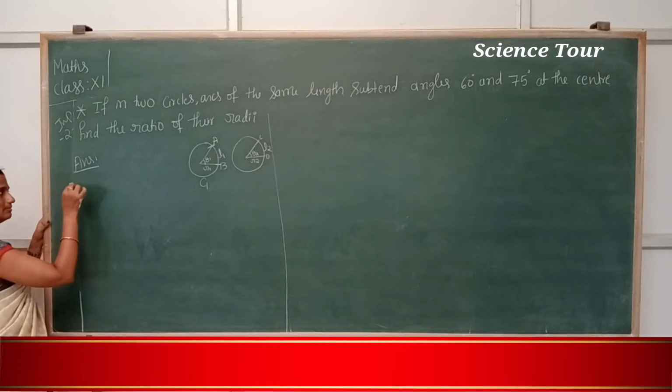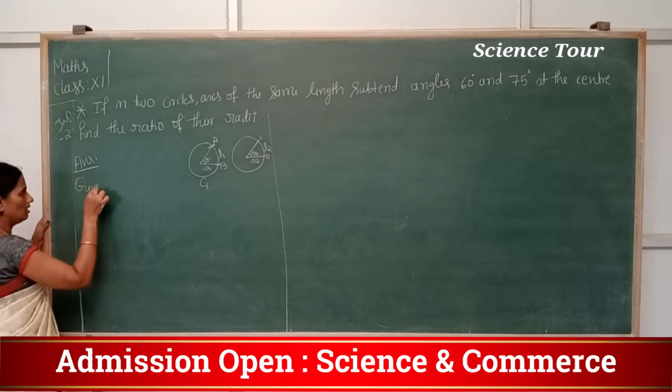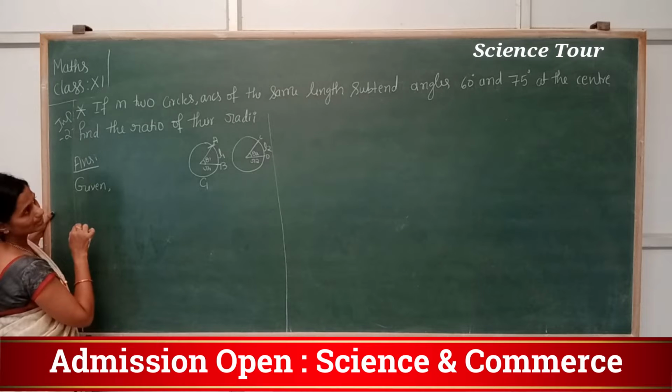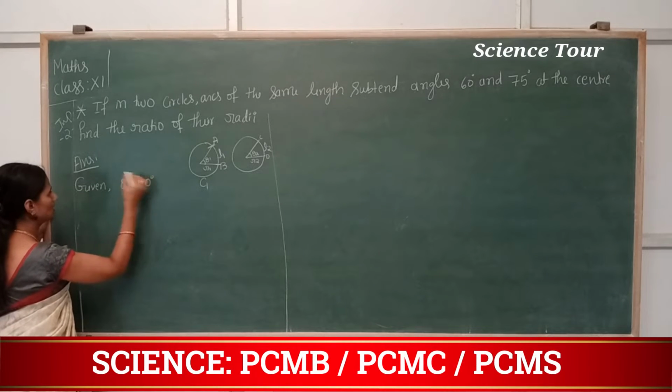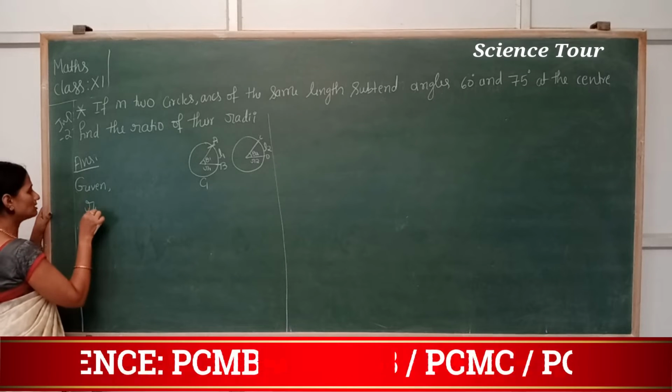So first we will write, so given, angles theta 1 is equal to 60 degree, radius R1.